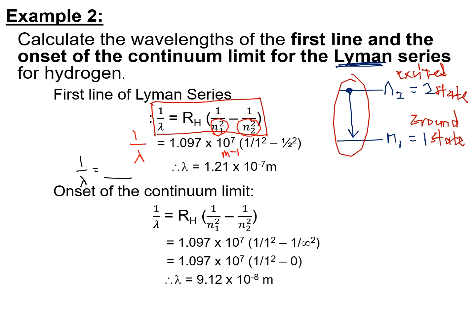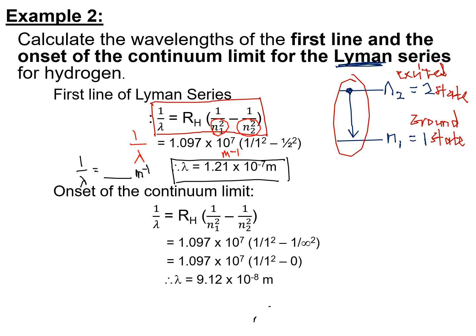So the answer that you will get ialah dalam unit m^-1. So untuk cari lambda, wavelength kan, you kena inversekan your calculation. Kerana you kena buat 1 bahagikan dengan answer and you will get the answer in meter. Okay. So barulah you akan dapat wavelength equals to 1.21 times 10 to the power of -7 meter.